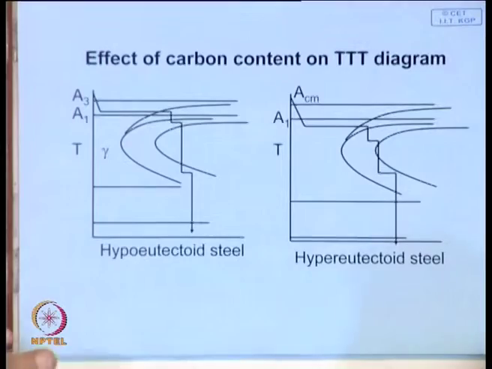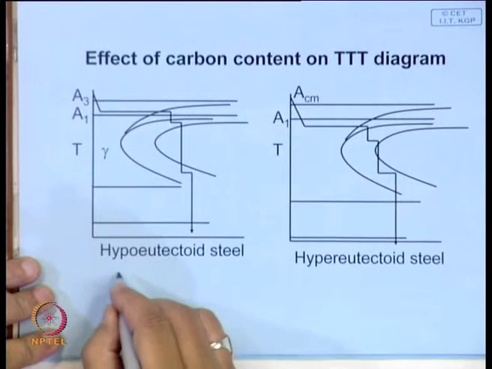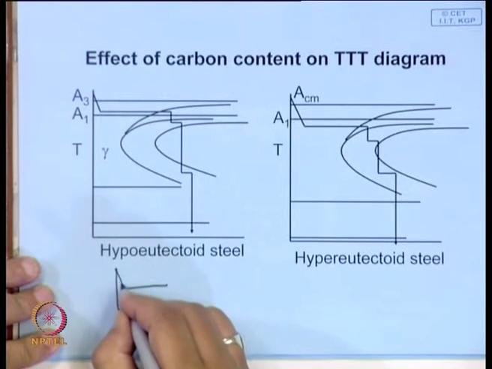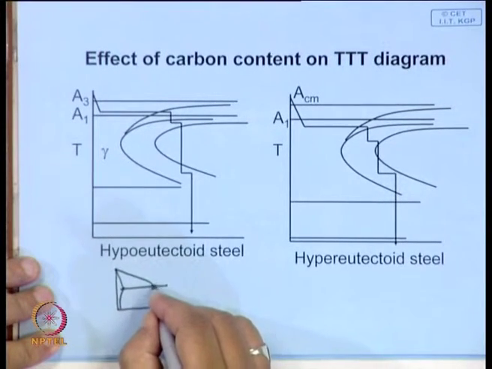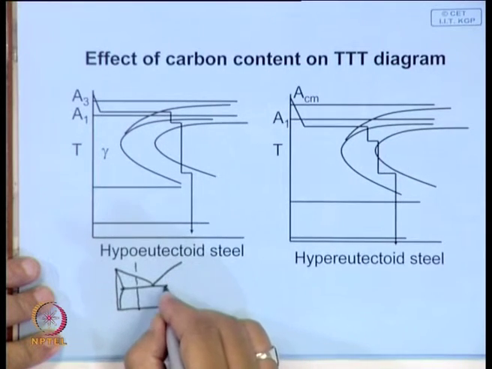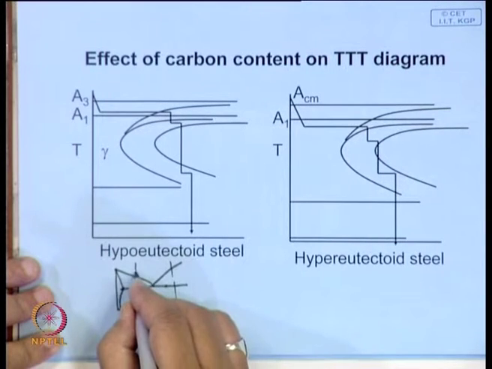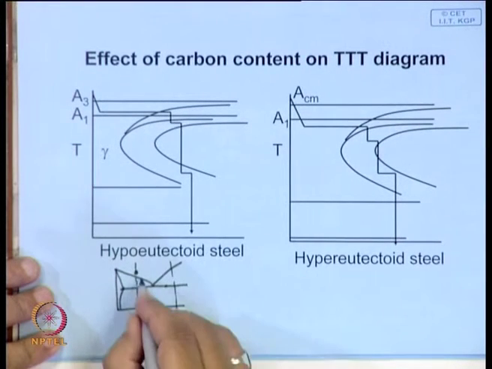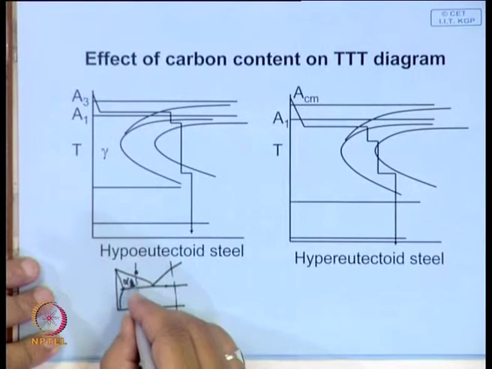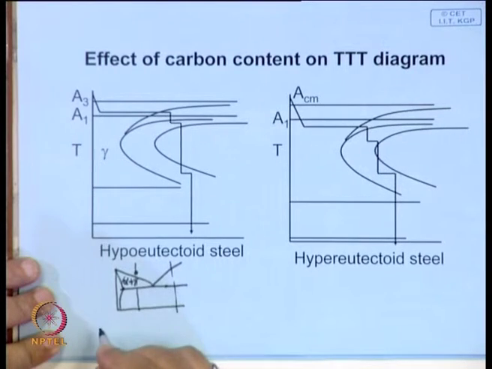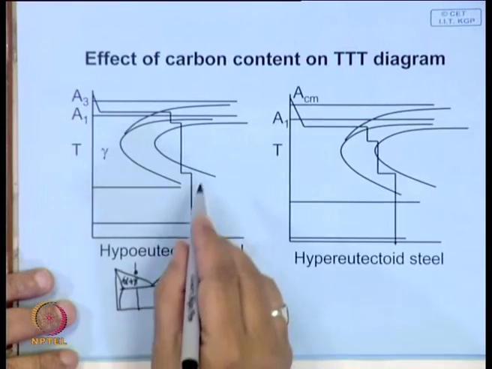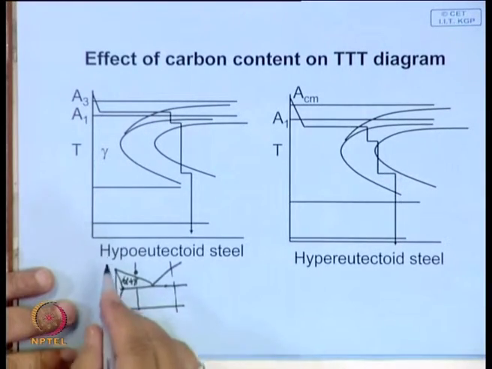If you recall that phase diagram, hypoeutectoid steel is over here, hypereutectoid is this place, and in both cases if you start cooling from this point, you pass through a region where ferrite will start precipitating first from austenite. How will this transformation diagram be modified?